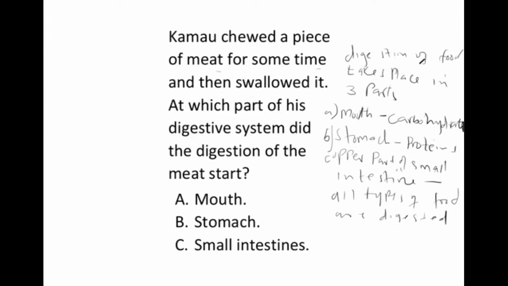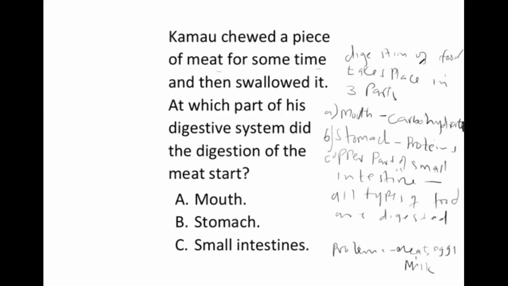Meat is an example of protein. Here we have things like meat, eggs, and milk. So their digestion takes place in the stomach.